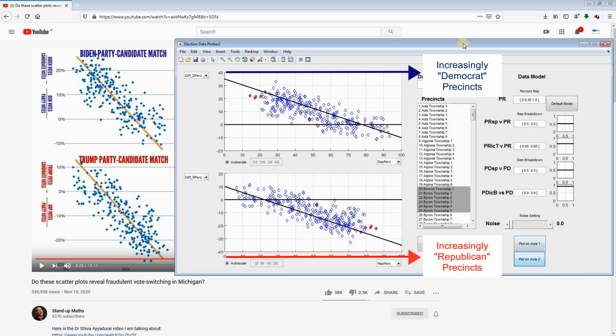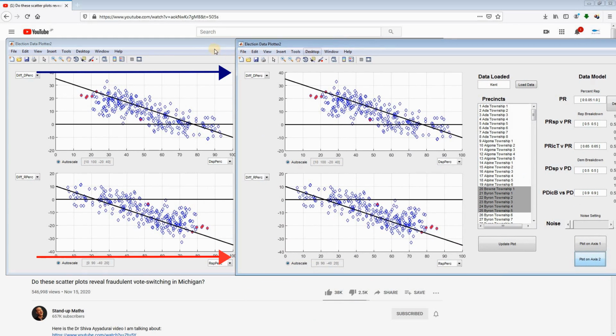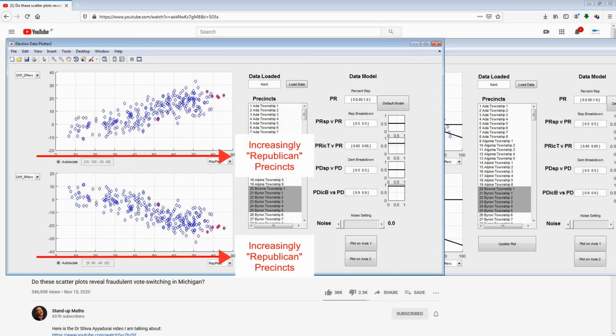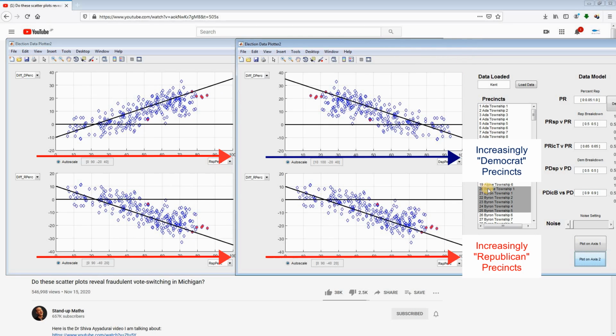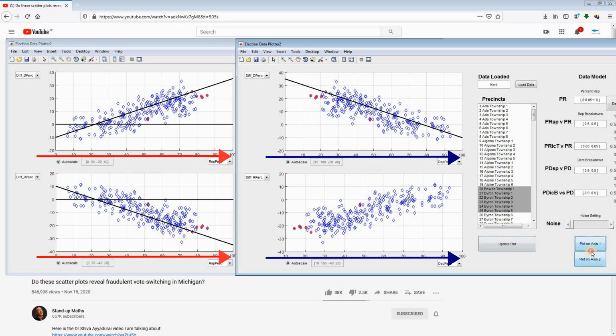Let's get another copy of these plots. If we want to compare the plots better, we can flip the X scale and show both plots showing increasing Republican precincts to the right, and you do see the upslope that Matt expected. We could alternatively flip the scale on the other plot, so that both plots show increasing Democrat precincts to the right.